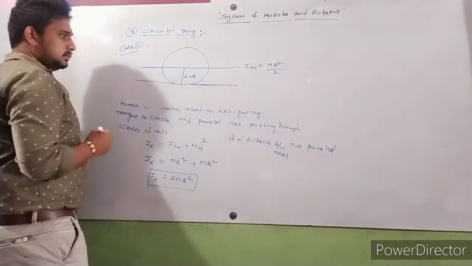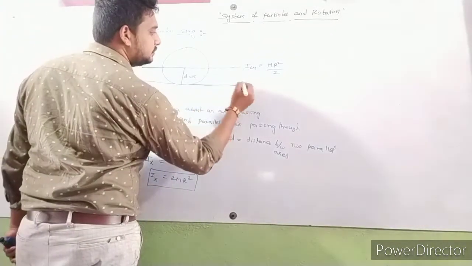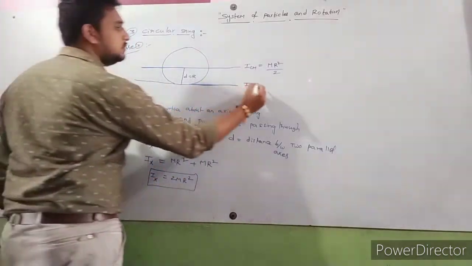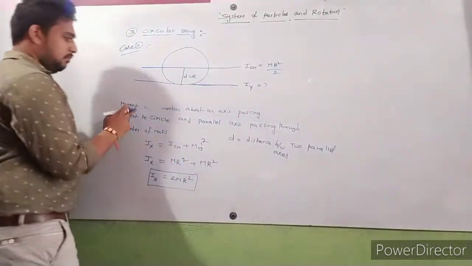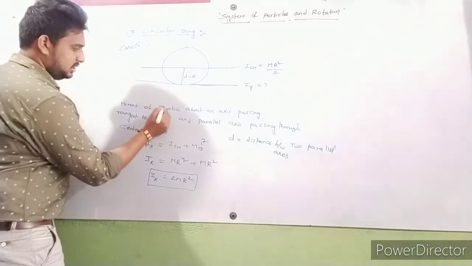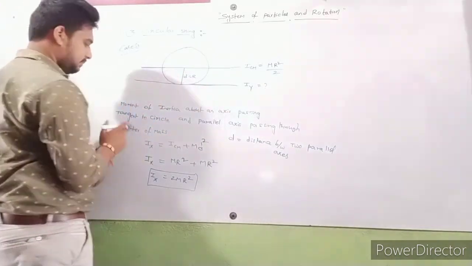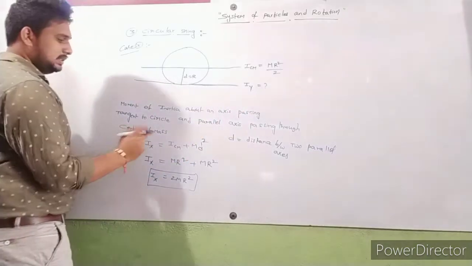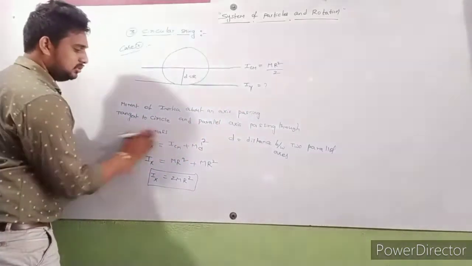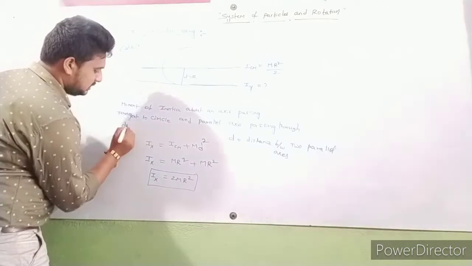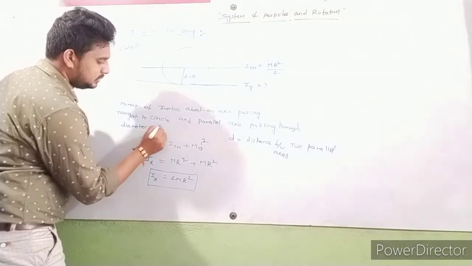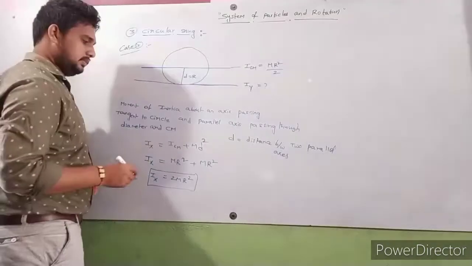This I will consider as some Iy, the moment of inertia about an axis tangent to the circle and parallel to the axis passing through the center of mass, through the diameter.